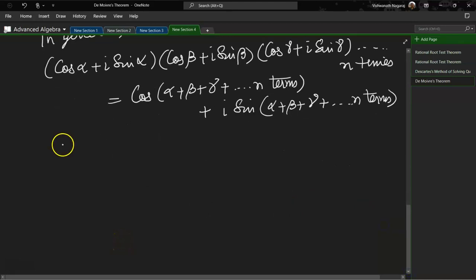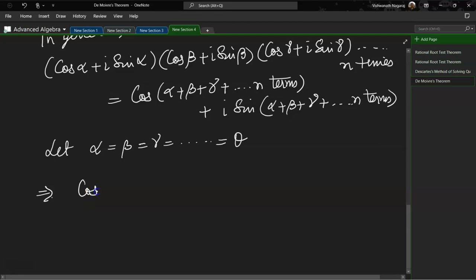Now let's say alpha, beta, gamma and delta are all the same. So if alpha is equal to beta is equal to gamma, and so on, is equal to, let's say, theta. Okay, in that case, what will it mean?